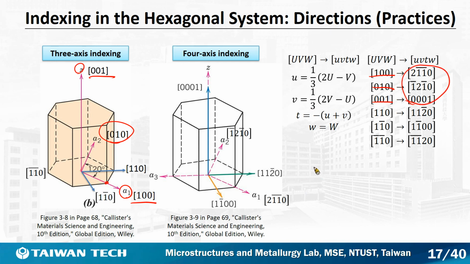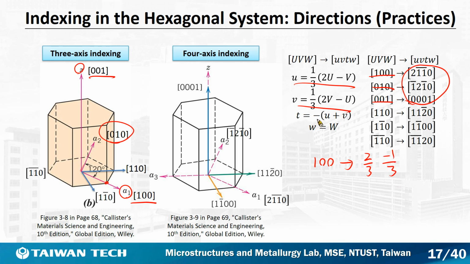So 100, we use this: 1/3 (2u minus v), 2u minus v, so 2, and 1/3 (2v minus u), 2 times 0 minus 1, so minus 1.